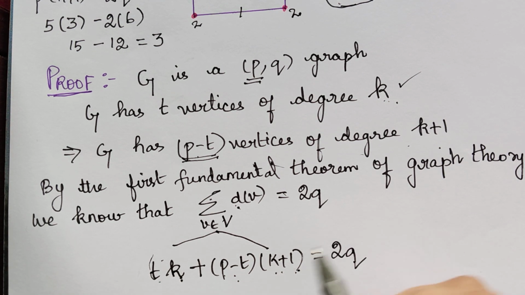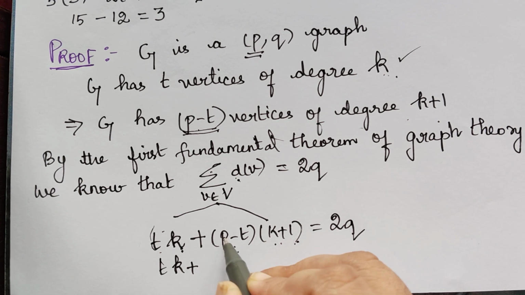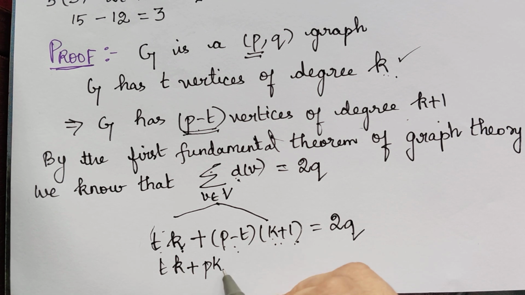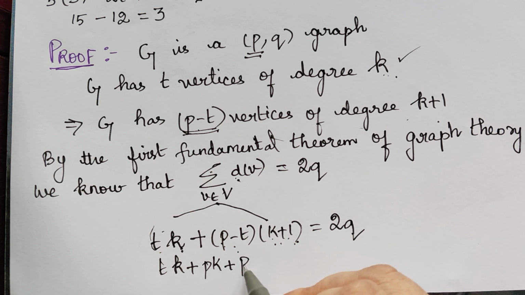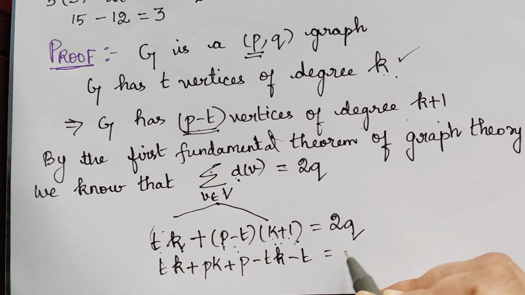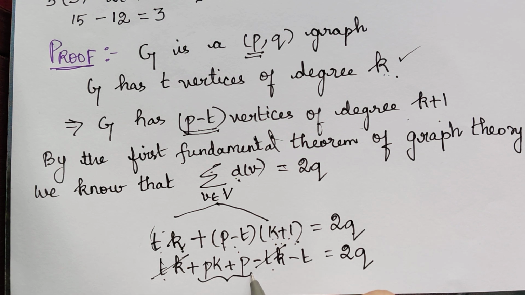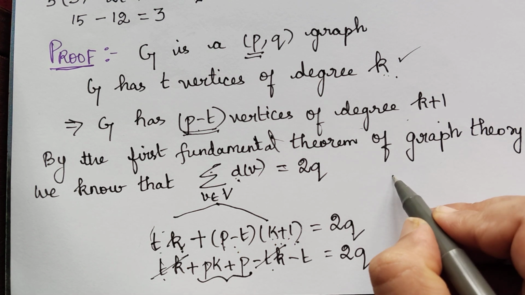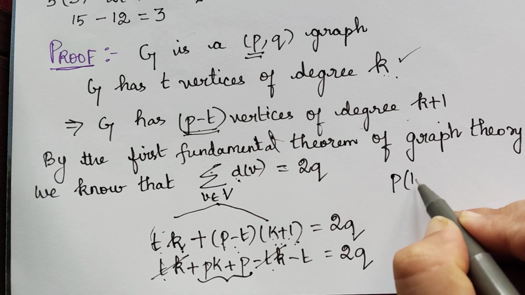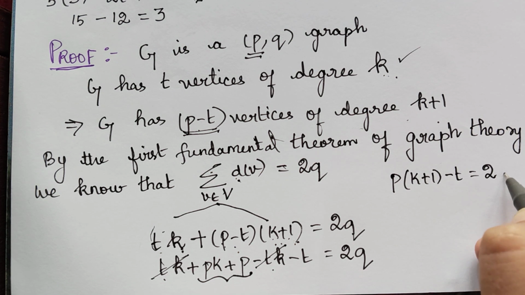When we simplify, we get tk plus pk plus p minus tk minus t is equal to 2q. Now plus tk and minus tk get cancelled, and from the other terms we can take p in common. So p multiplied with (k plus 1) minus t is equal to 2q.